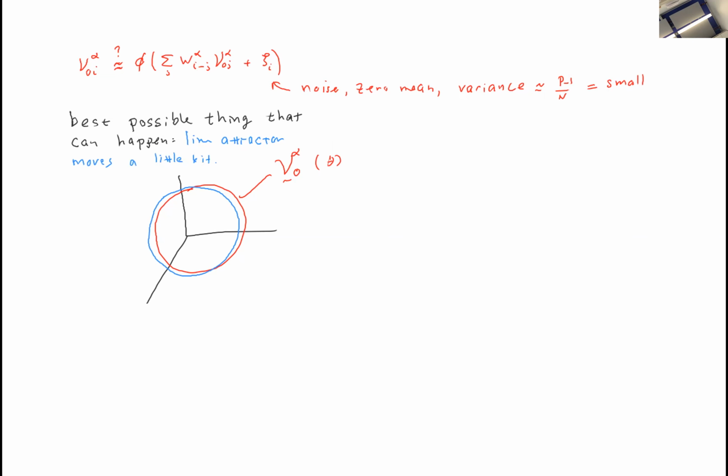Okay. It turns out that that doesn't quite happen. So it does move, but it's not a line attractor anymore.